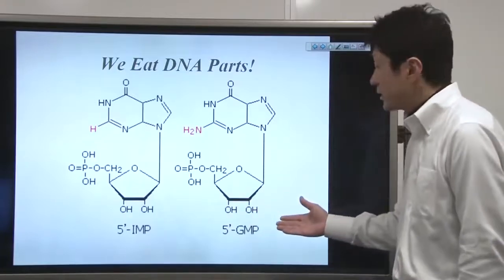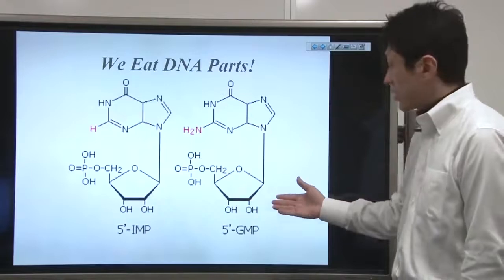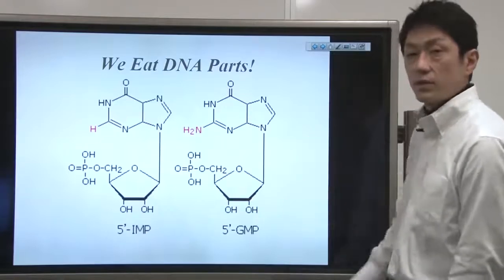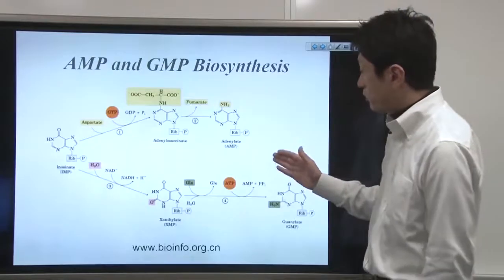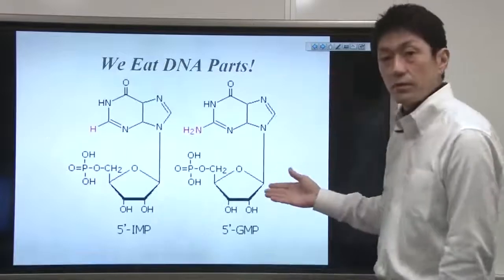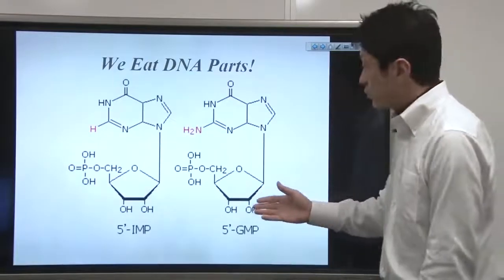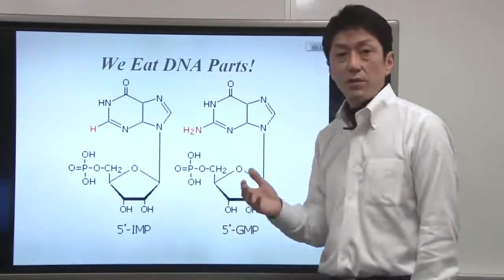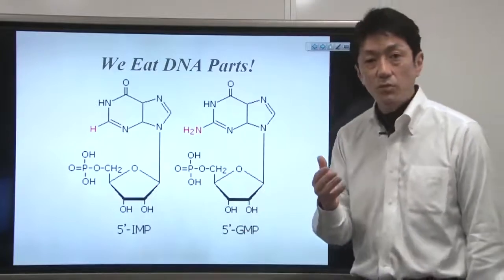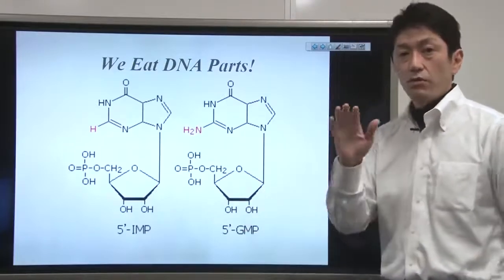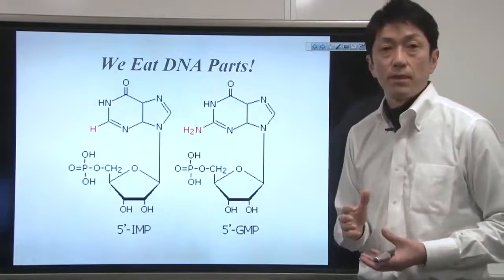Guanylate represents the genetic letter G. So this is a component of the DNA already. These 2 acids are sometimes listed as nucleic acid-based umami materials on the food labels.